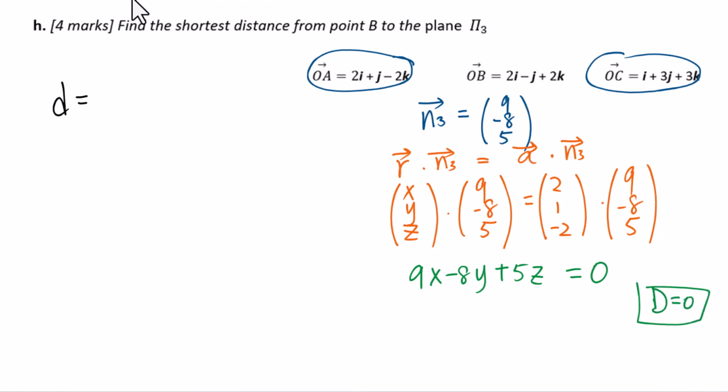Shortest distance from the point (x0, y0, z0).